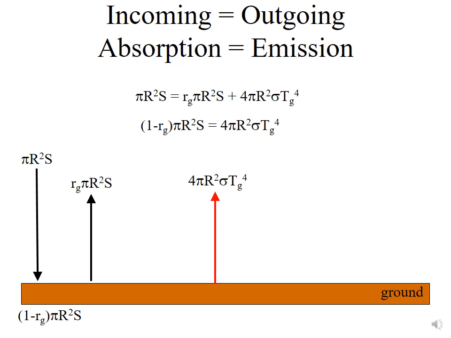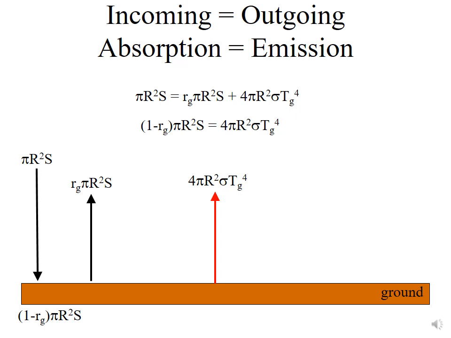Alternatively, you could do absorption equals emission, and we'll do this for the ground. The amount of radiation absorbed by the ground is 1 minus Rg times pi r squared S, and the amount of energy emitted by the ground is 4 pi r squared sigma Tg to the fourth. Mathematically, you could massage the top equation and make it look like the second equation, and they both provide the exact same information.